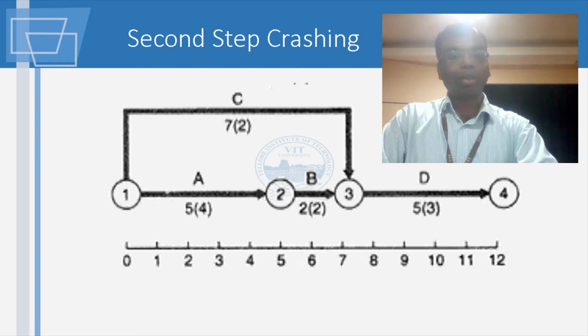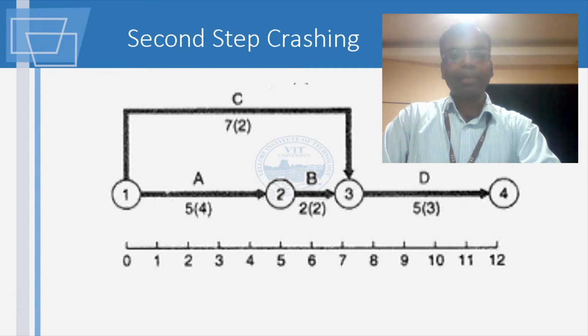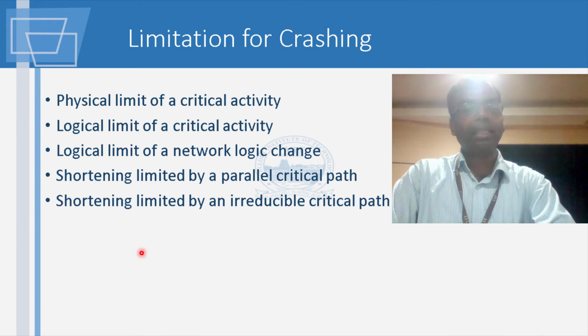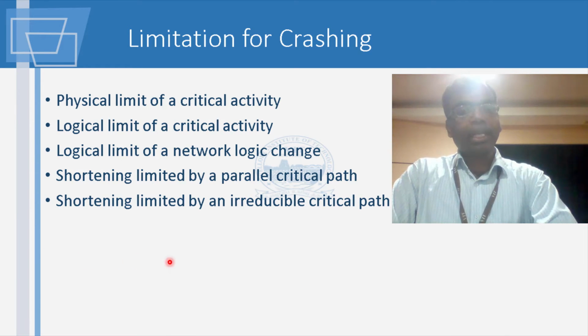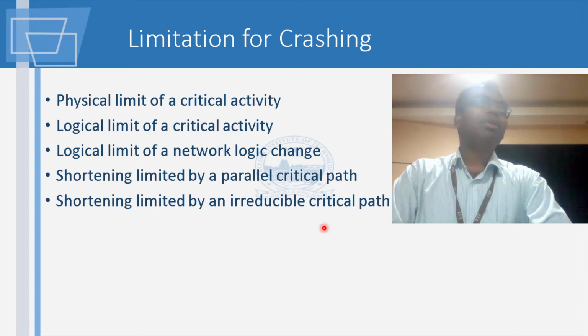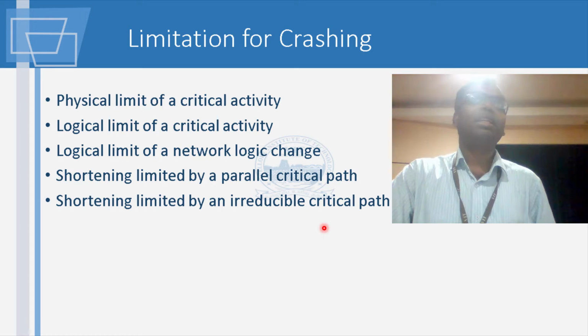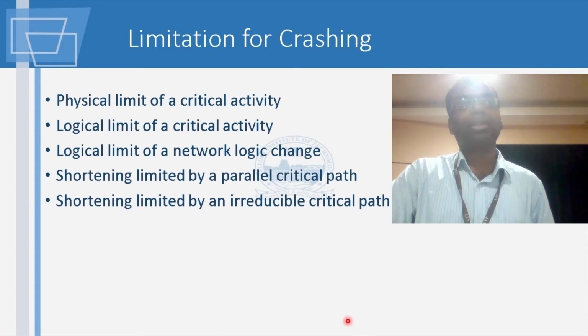So this is what I mean by the statement shortening limited by a parallel critical path. And there is a critical path which cannot be reduced at all. So when you have such logic, you will find that it's not possible to actually do much crashing.